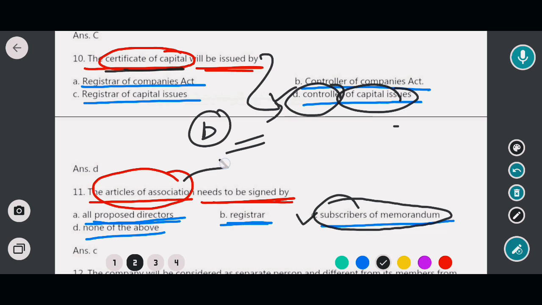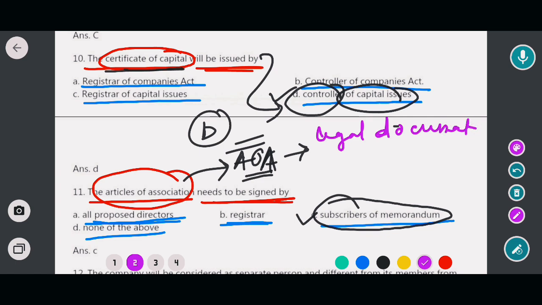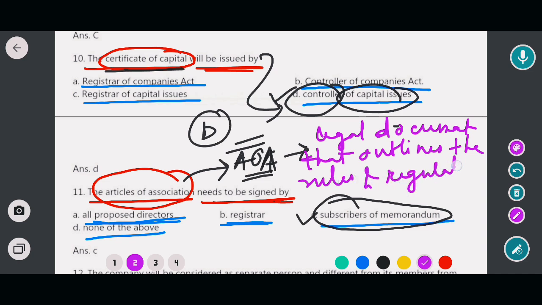So what are articles of association? In the previous video I have already discussed the memorandum of association and articles of association. Articles of association is nothing but a legal document that outlines the rules and regulations for a company or organization.